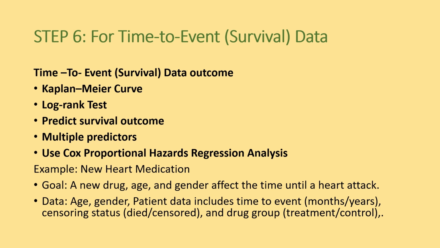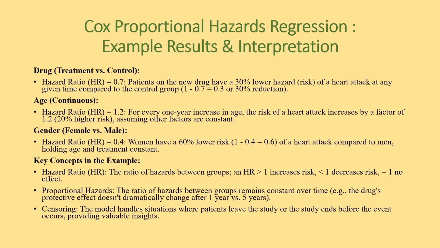Goal: to see how a new drug, age, and gender affect the time until a heart attack. Patient data includes time to event in months or years, censoring status, and drug group, treatment and control group. Cox proportional hazards regression.